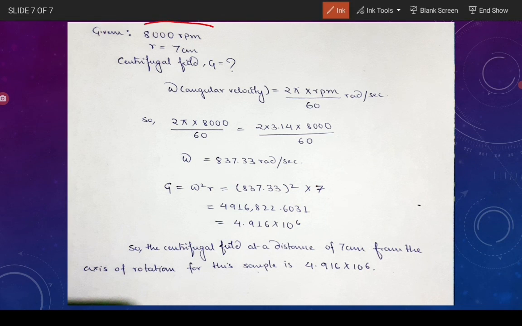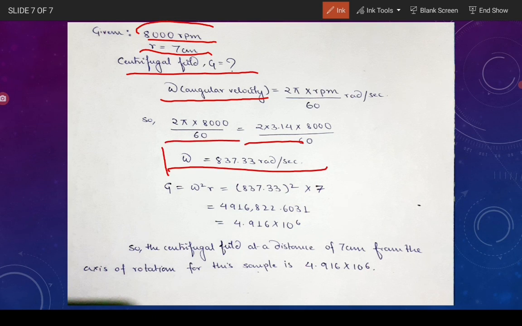So we know the RPM is 8000, the R is 7 centimeter. We need to calculate G. So first we will need to calculate the angular velocity, which is omega equals to 2 pi into RPM divided by 60. So 2 into 3.14 into 8000, which is the RPM, divided by 60. We calculated the omega is here 837.33 radian per second.